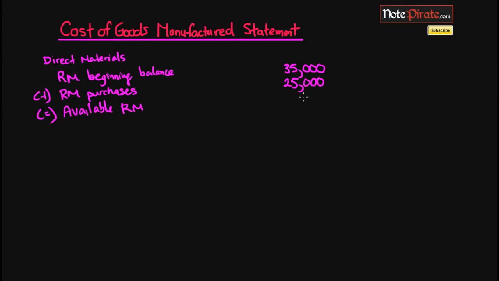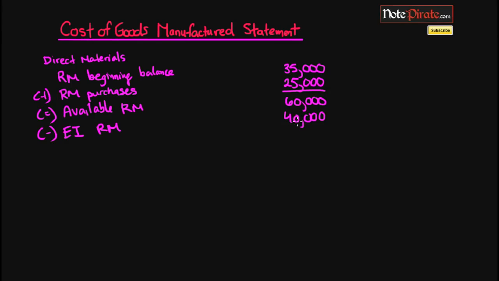So pretty basic logic here. It's just going to be the sum of the former, which is going to be 60,000, and then we're going to say less any ending inventory for raw materials. So let's say we have $40,000 left in our ending inventory and we had $60,000 available.